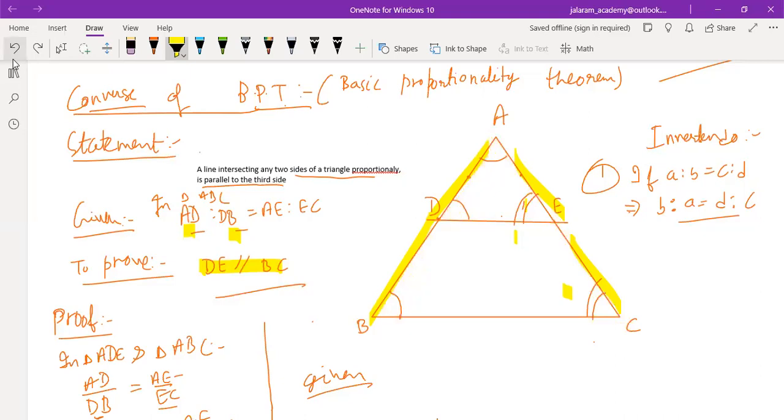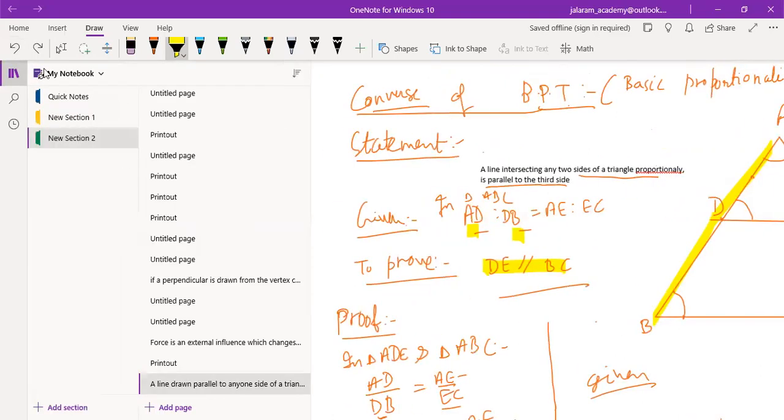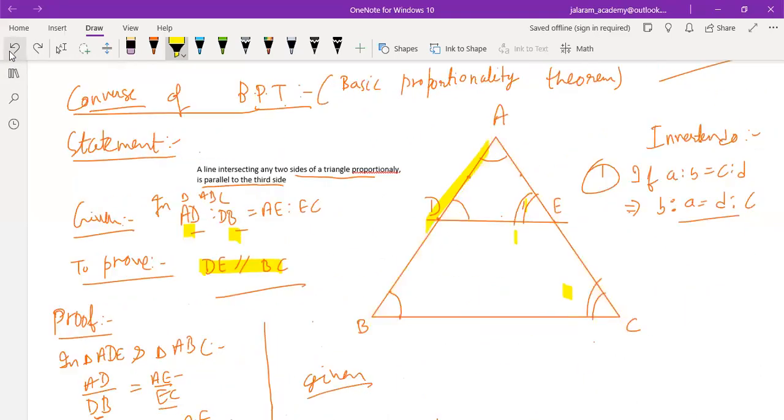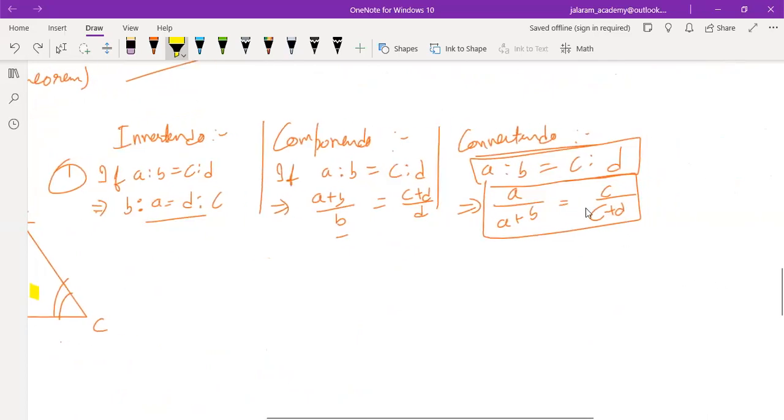When it is given that AD is to DB equals AE is to EC, we use componendo. I have already discussed with you the meaning of it. If A is to B equals C is to D is given, then the numerator remains the antecedent, and antecedent plus consequent upon the antecedent equals the same on the right-hand side also.